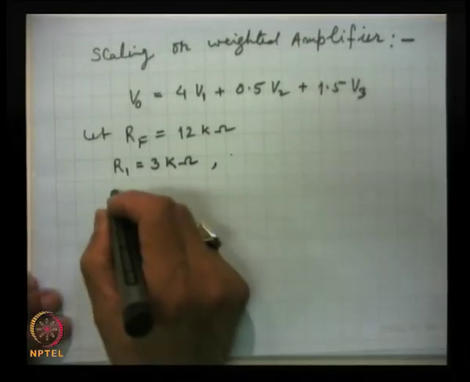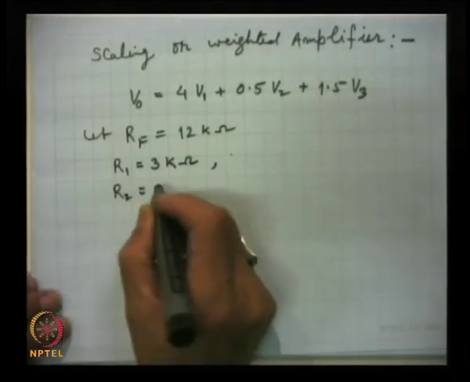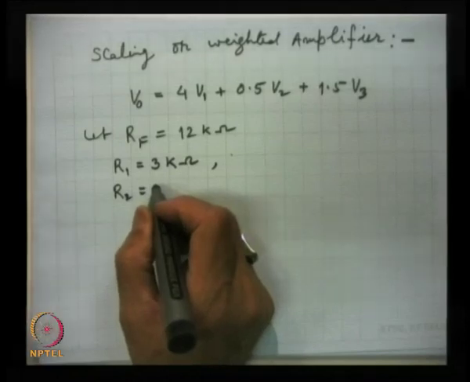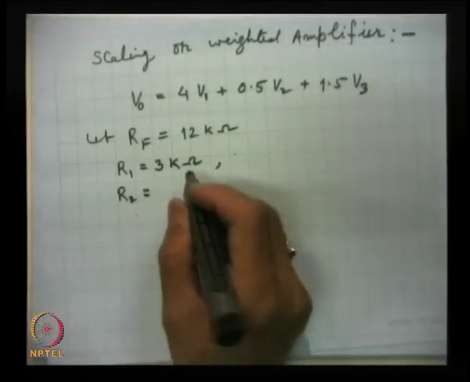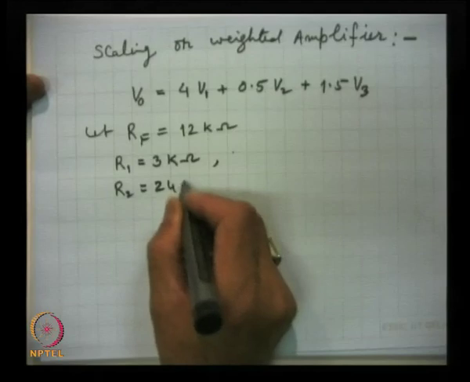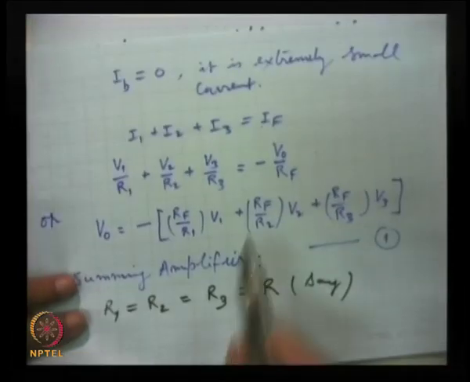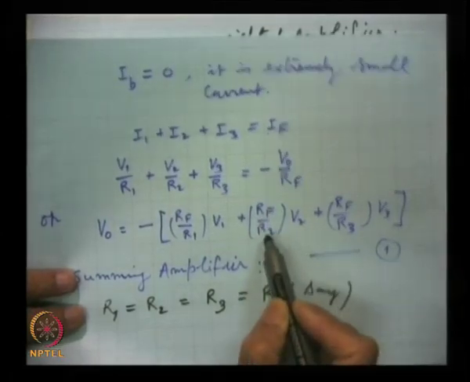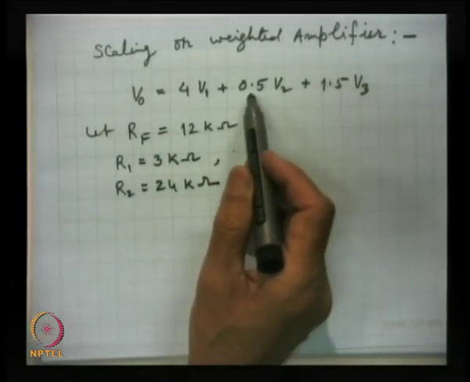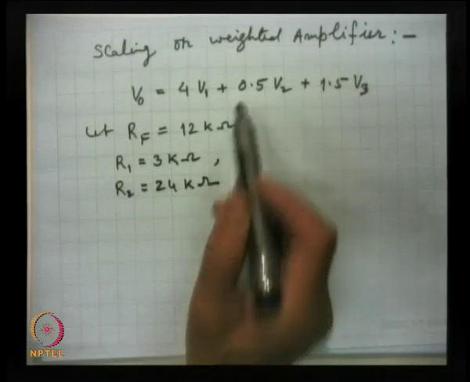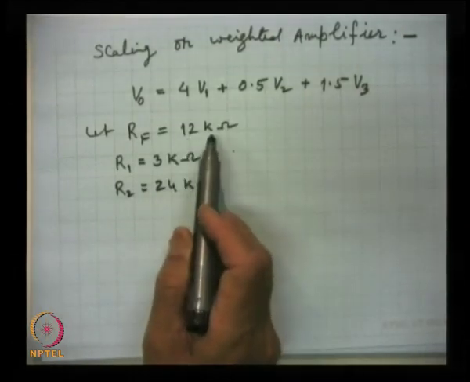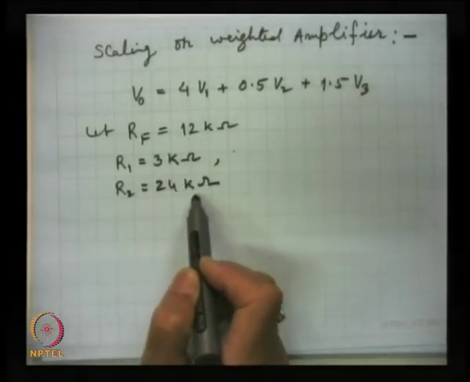And R2 we are supposed to take as 24 kilo ohms, because Rf by R2 here we need is 0.5. So this will be 0.5 when 12 kilo ohms is divided by 24 kilo ohms.